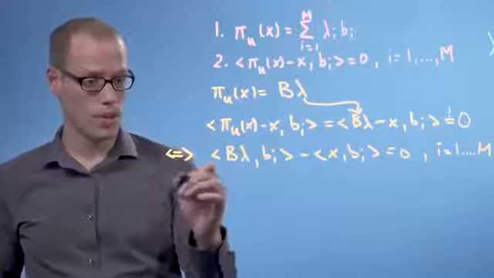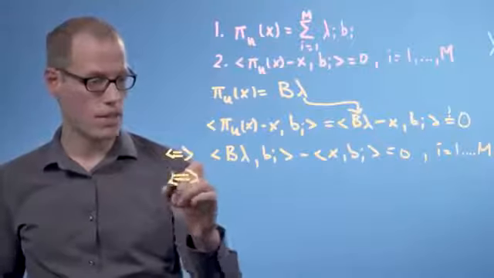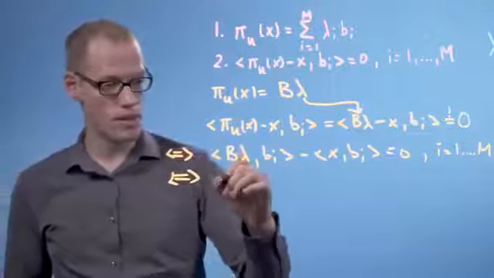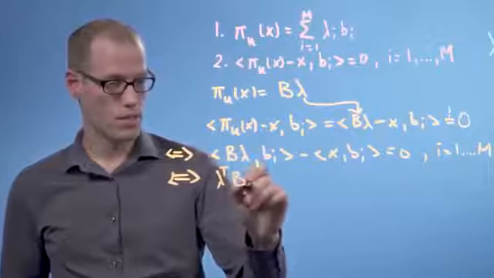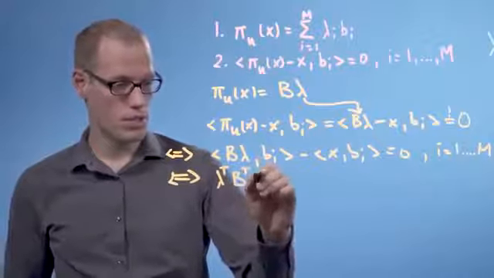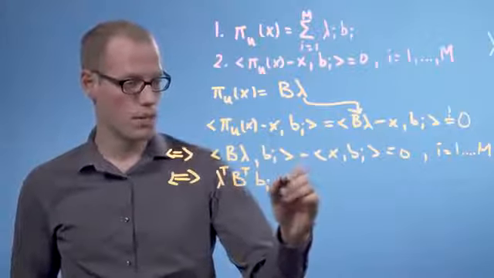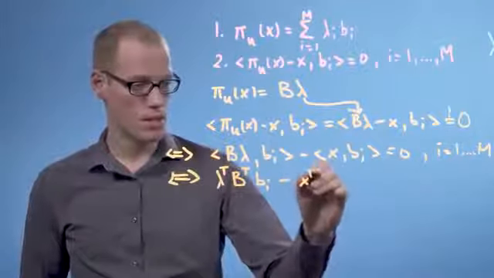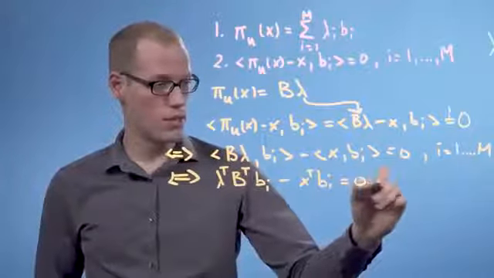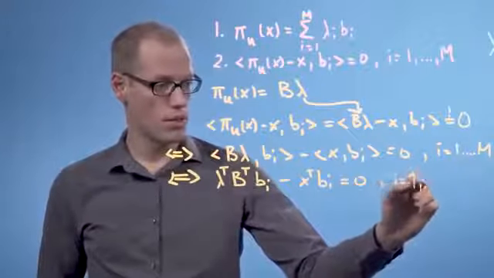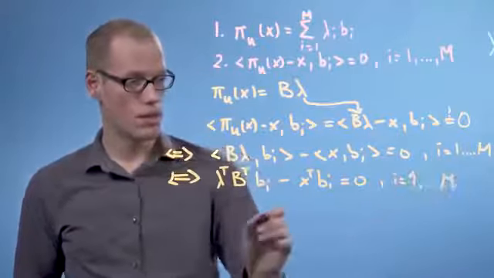With the inner product, we can now write this in the following way. We can write this as lambda transpose times B transpose times bi minus x transpose times bi equals 0 for i equals 1 to m.